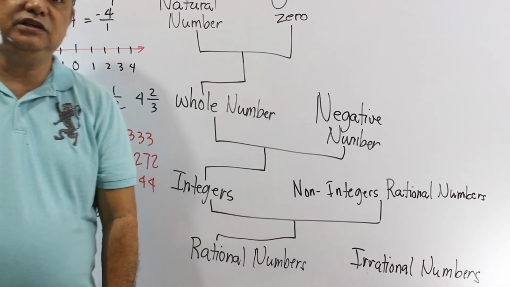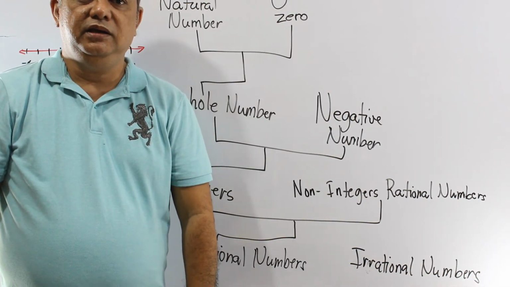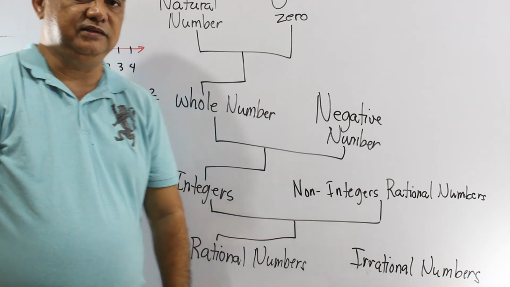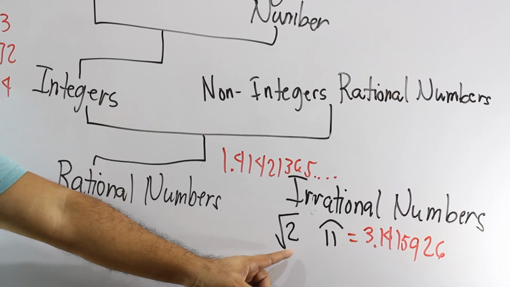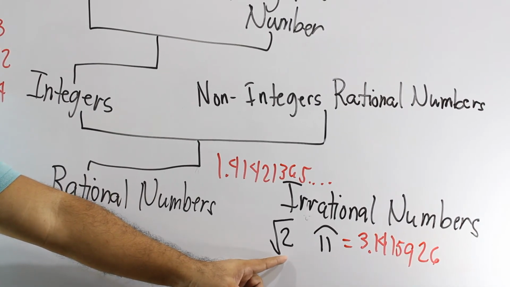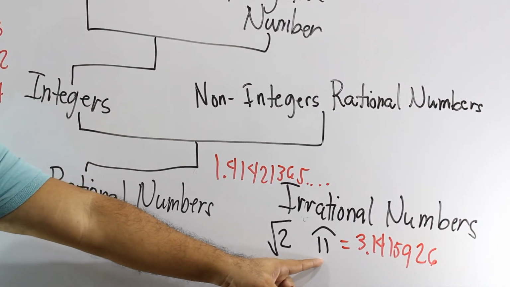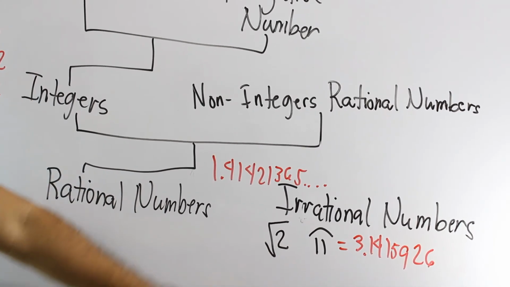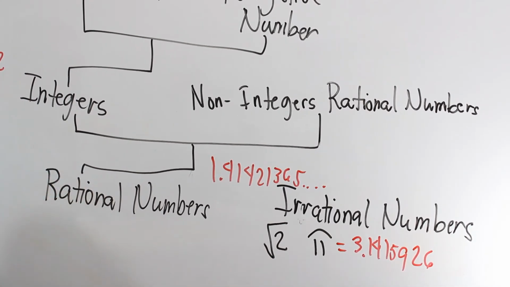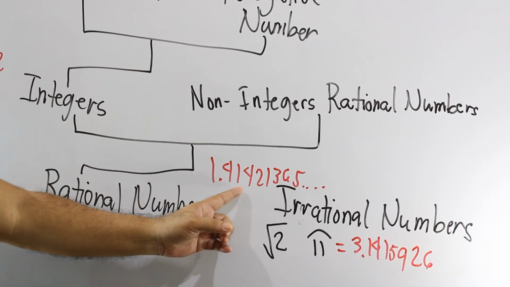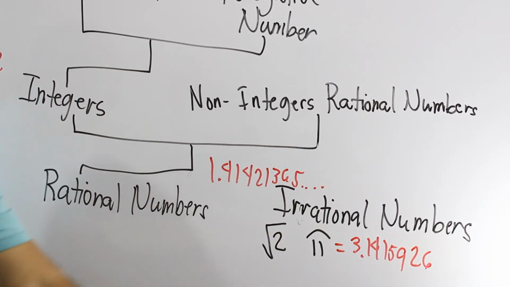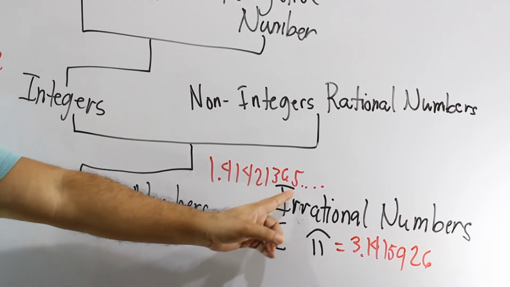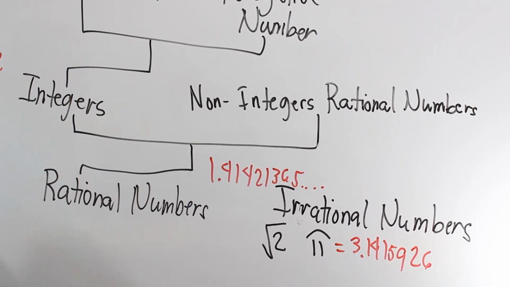Irrational numbers are usually in the form of radicals, for example, the square root of 2, or a constant like pi. The value of the square root of 2 is actually 1.41421365, and there are still a lot of decimal values after the number 5, but we don't write them anymore.